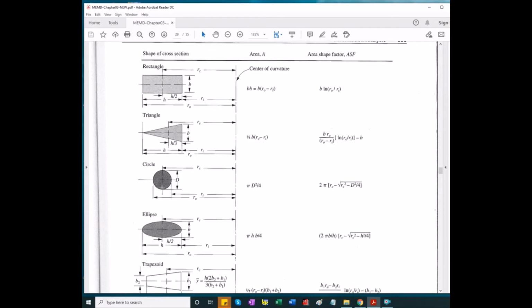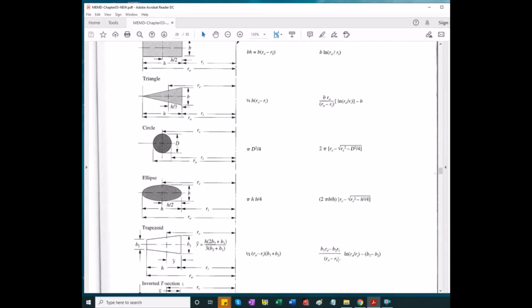For a solid round bar that is bent, area is easy, pi diameter squared over 4. Area shape factor, as you can see, is using the radius through the geometric center.